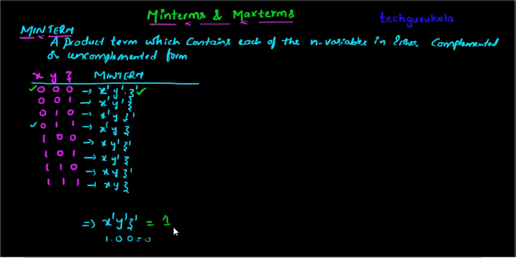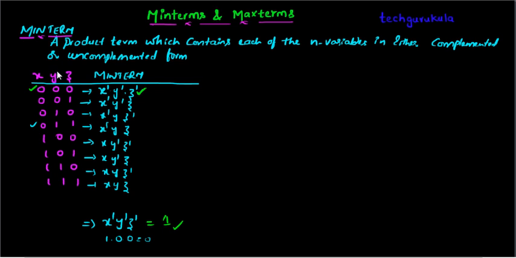You'll have only one resultant 1, so you'll have the minimum number of ones for a particular term. So it is a minterm. Any other term will give a resultant 1 only for the particular combination which it represents. This is how minterms are represented.